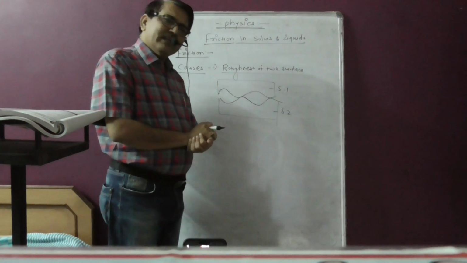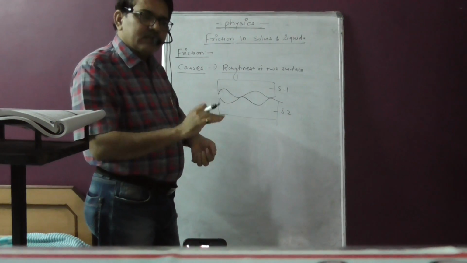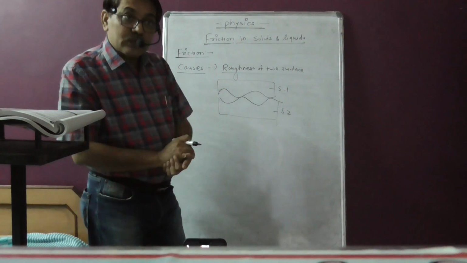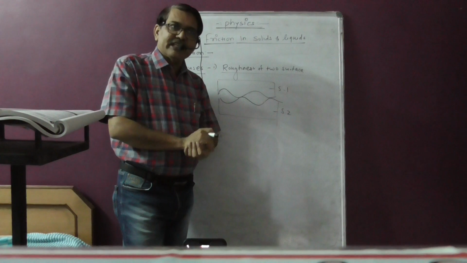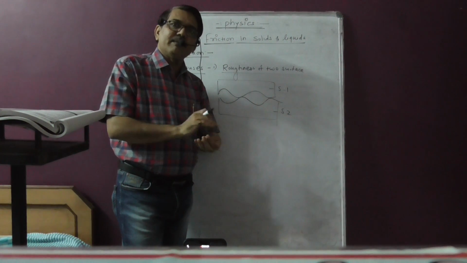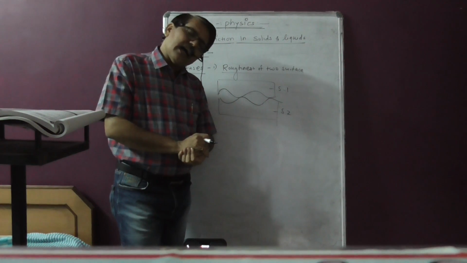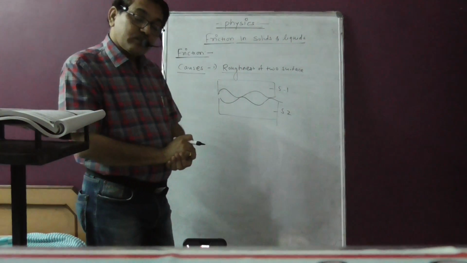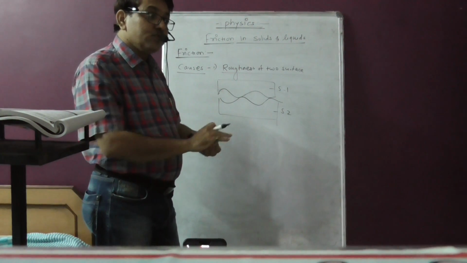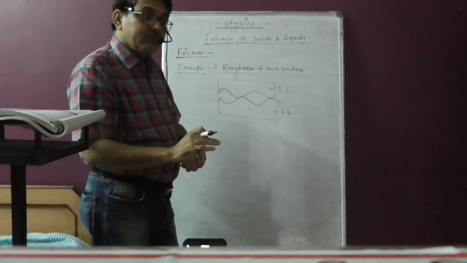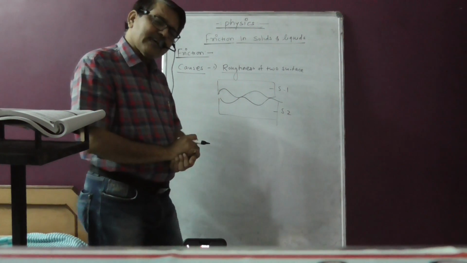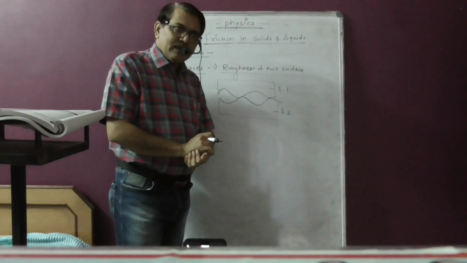Sometimes we feel the surface is very smooth, sir, but even if the surface is smooth, there will still be a force of friction between the two surfaces in contact. How does this happen? It is very simple.